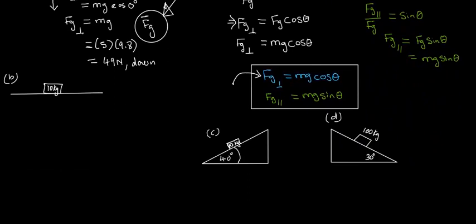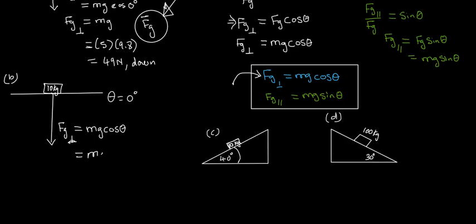So let's look at number B. For number B, let's draw a force perpendicular to the surface and downward, and we're going to name it Fg perpendicular. We know that Fg perpendicular is mass times g times cos of the angle theta. Obviously this is a horizontal surface, so theta is equal to 0 degrees.